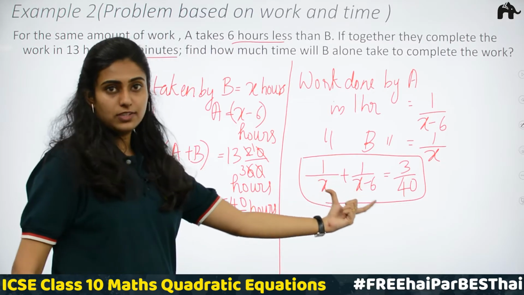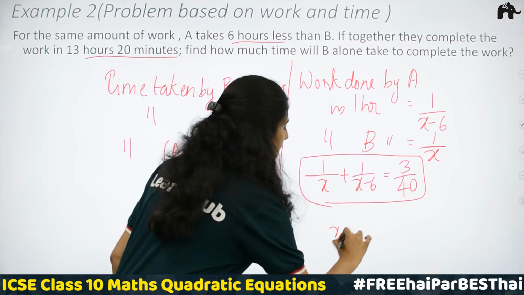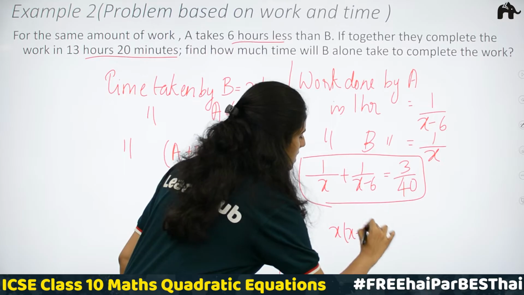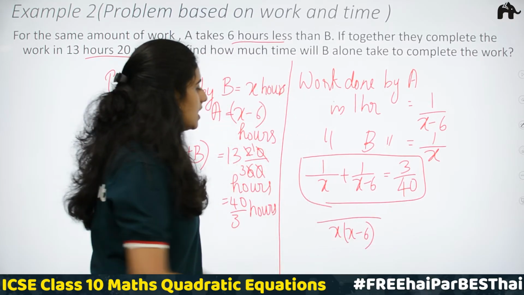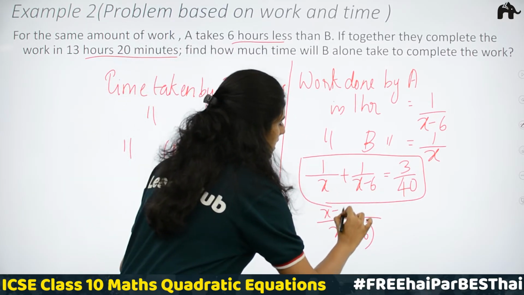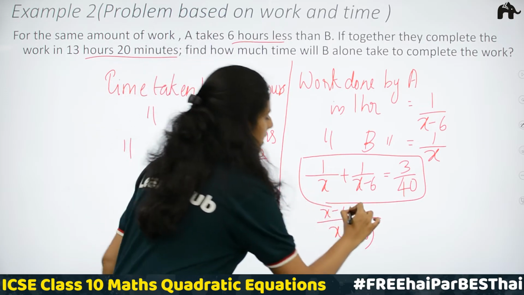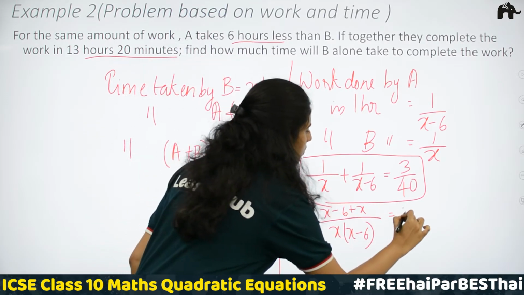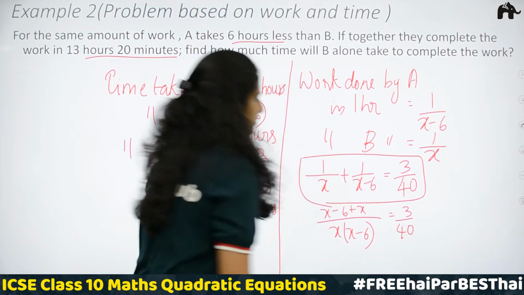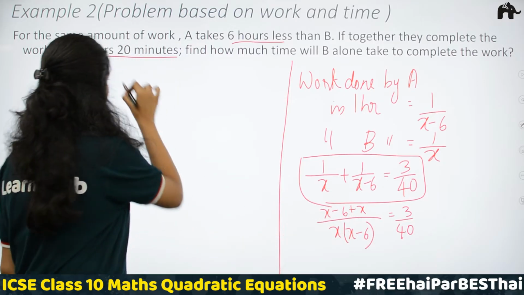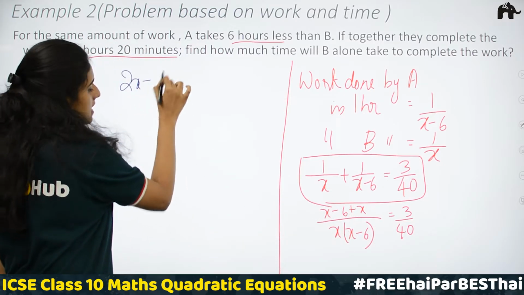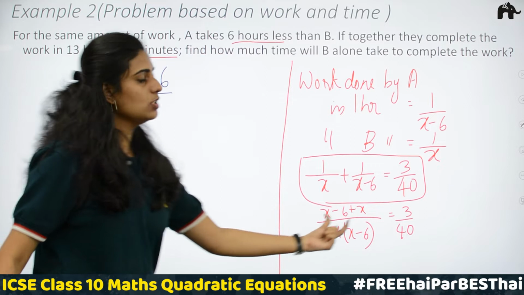Taking LCM of the denominator, we get X into X minus 6. Numerator, 1 into X minus 6 plus 1 into X, that is equal to 3 by 40. X plus X, 2X. 2x minus 6 divided by x into x minus 6.